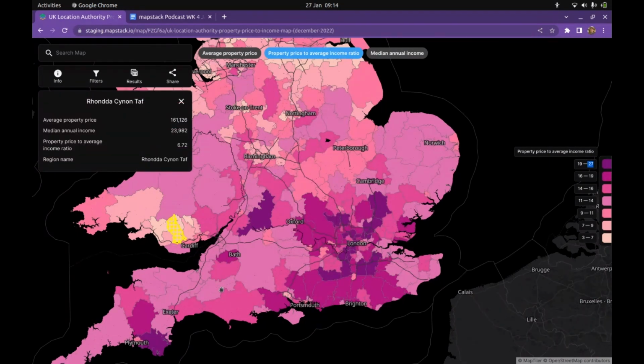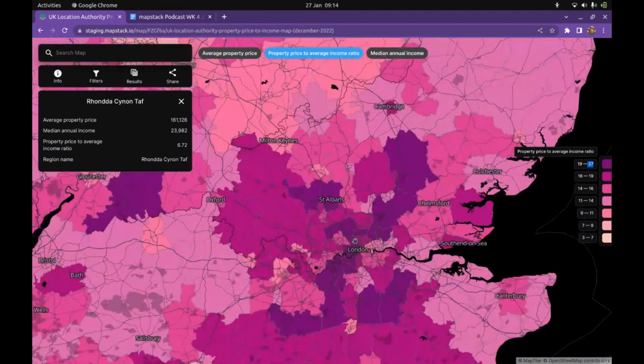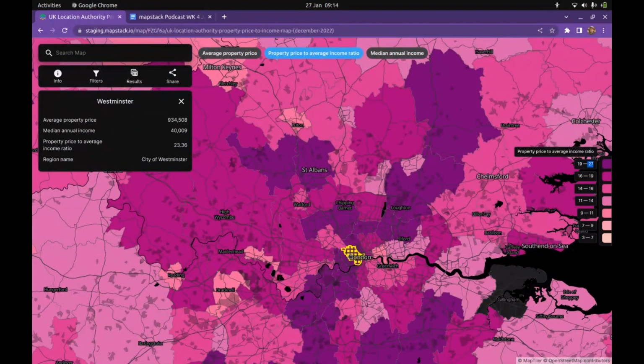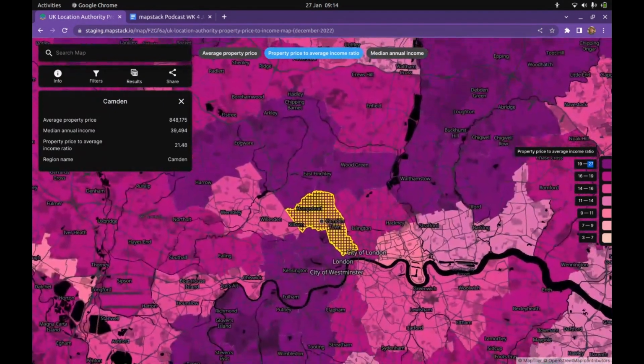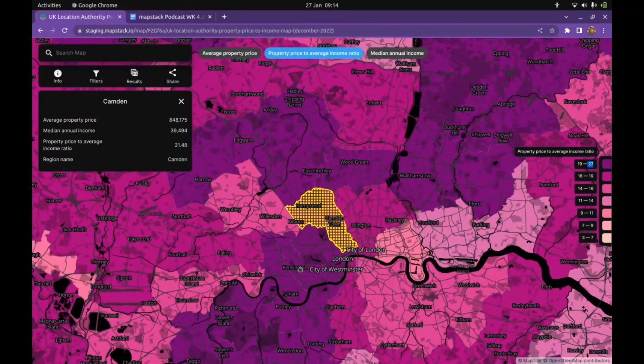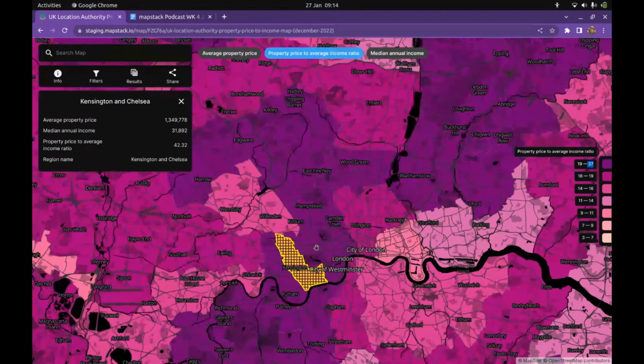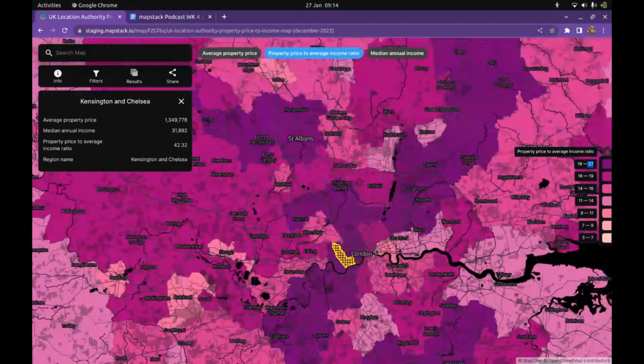That's steep. Yeah, if we hit some of these beige ones down here in South Wales, for example, 6.7, 6.5, and then we hit some of these dark purple ones here in London, 23.3. Right. Yeah, it's pretty intense. They can go up very high.